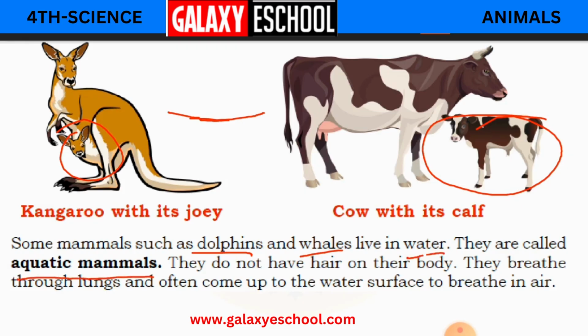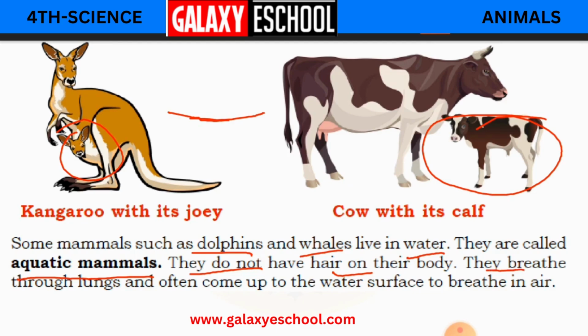What are they called, children? Aquatic mammals, and they do not have hair on their body. As we learned, mammals which live on the ground mostly have hair, but aquatic mammals, which live in water, do not have hair on their body.